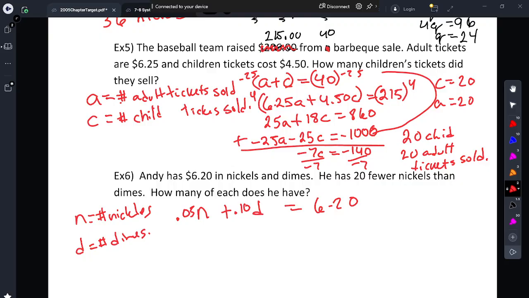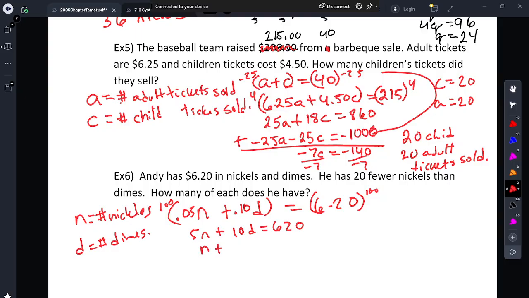And I think if I multiply that by 100, everything is prettier. It's faster. I don't want to deal with ugly numbers. So that's 5n plus 10d equals 620. Divide by 5, right?